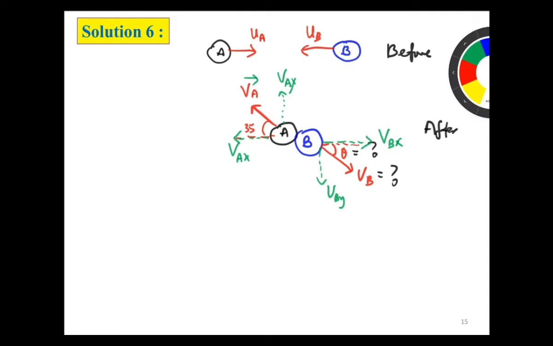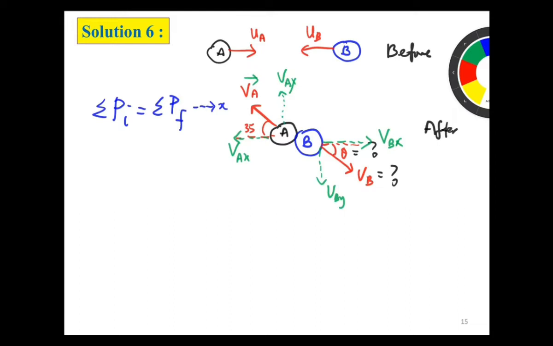Okay, kita tengok yang before collision, untuk komponen X dan komponen Y. Summation of P initial is equal to summation of P final. Pada komponen X dulu. Sebab dia ada two komponen kan, X dengan Y kan, after collision. So, kita kena guna X dan Y.